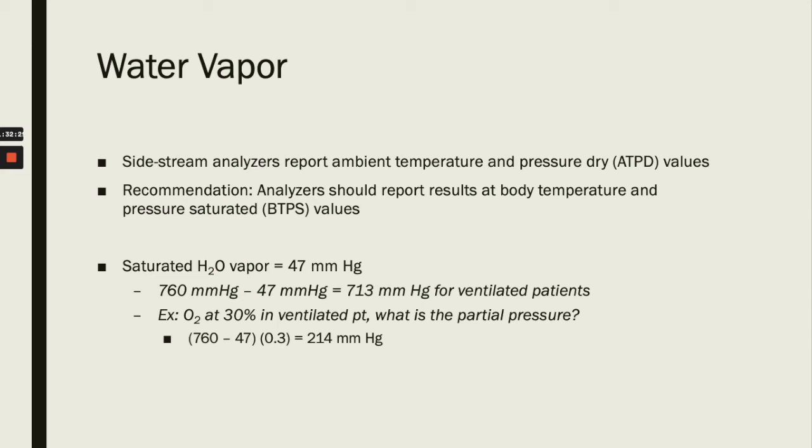You'll see these on the anesthesia machine if you haven't seen it already. But the recommendation is that analyzers should report the results at body temperature, pressure saturated values, which are our humidified values that basically come from our airways.